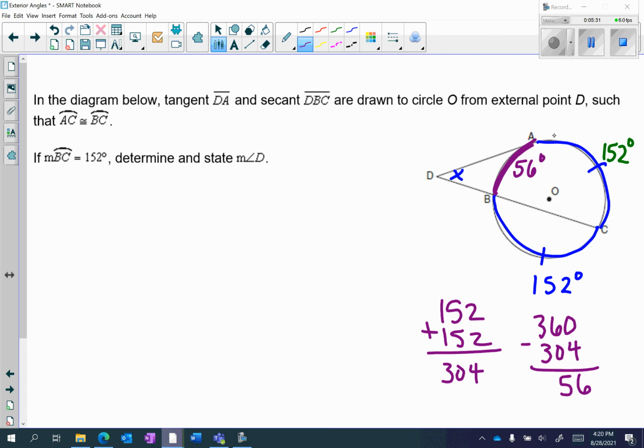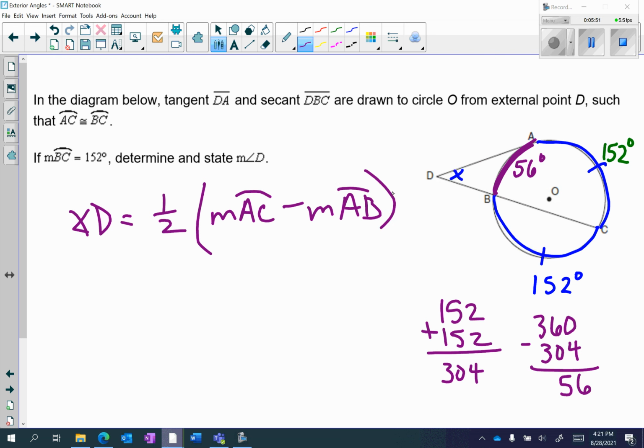So again, in order to find angle D, it's going to be 1/2 of the measure of arc AC minus the measure of arc AB.